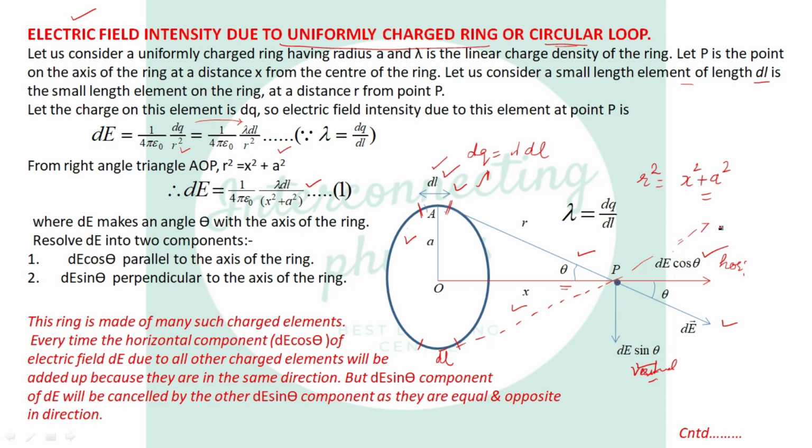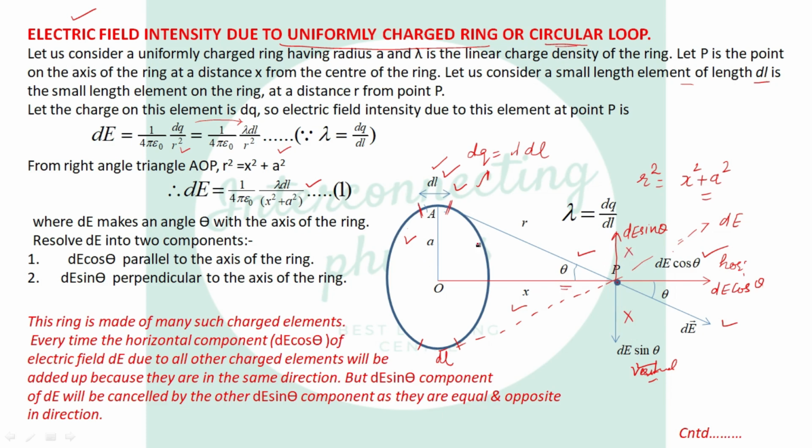And when we resolve this dE into two components, you see dE sin theta is the vertical component and dE cos theta is the horizontal component. So we see here the dE cos theta components are added up, but the dE sin theta components both are equal and opposite, so they cancel out each other.